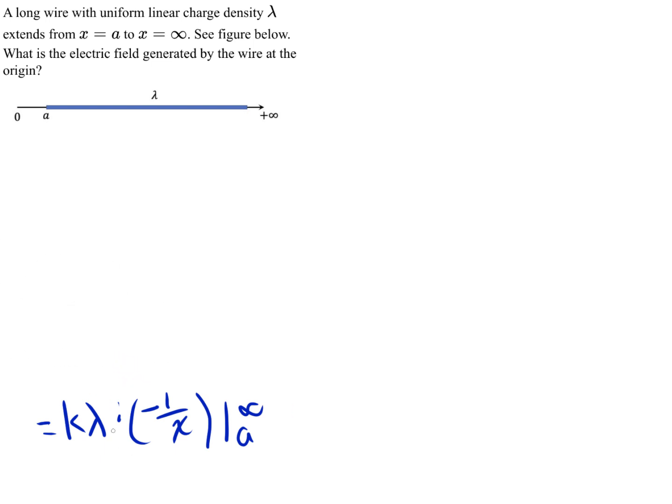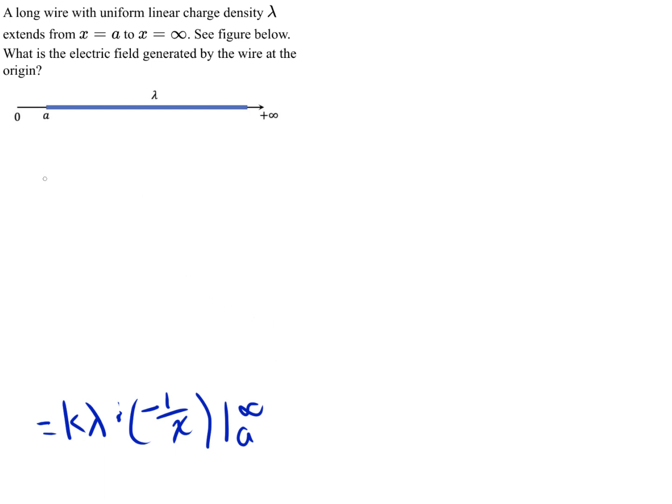Now we have an integral that we have to evaluate from a to infinity. This is a little tricky since we can't just plug infinity in. Instead, we're going to replace infinity with a variable t.